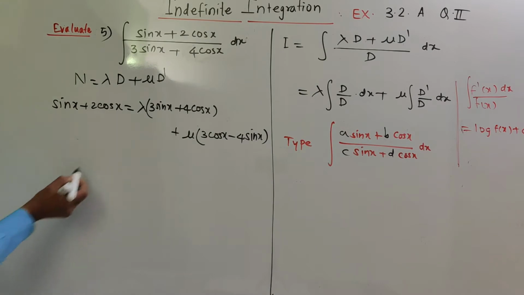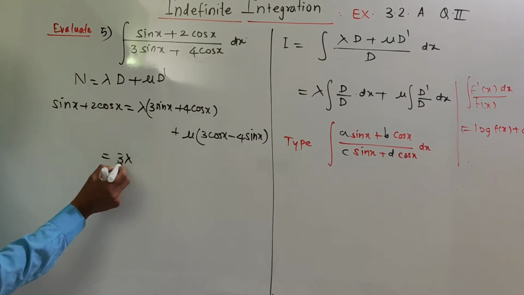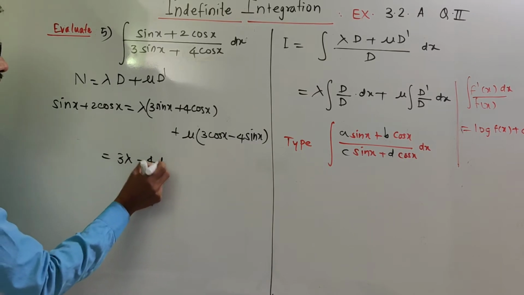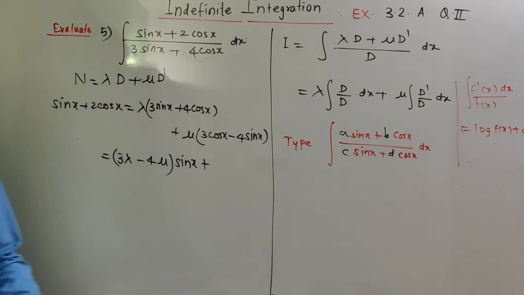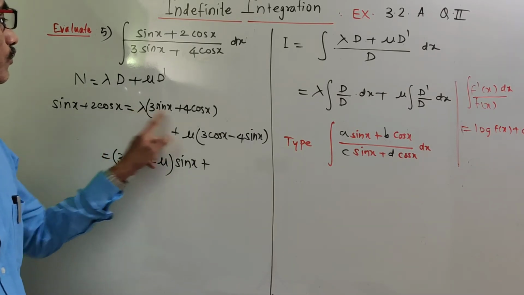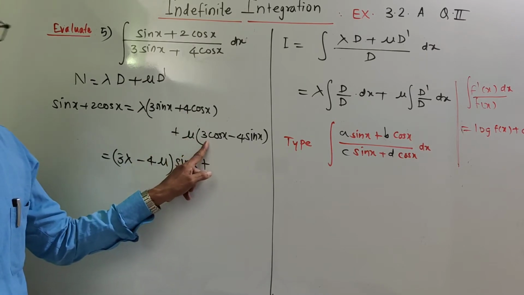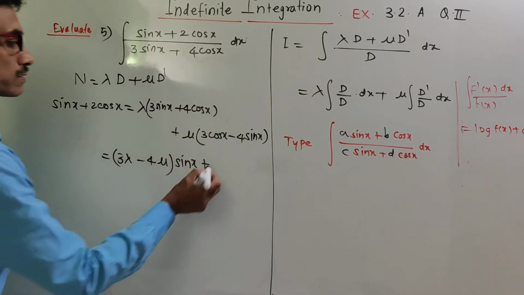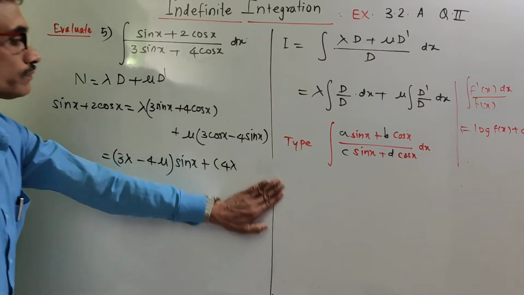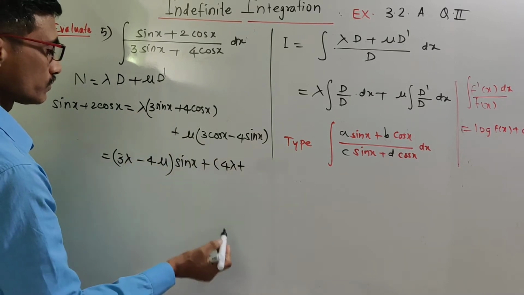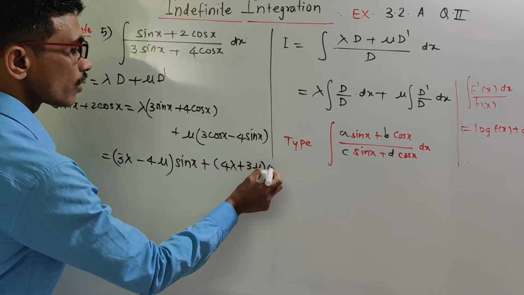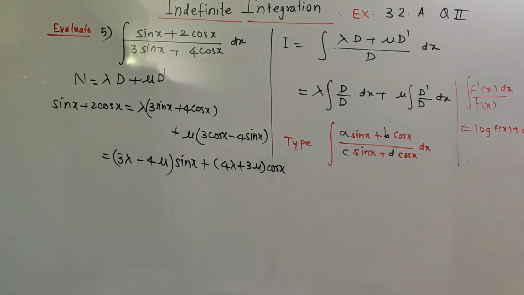So we collect them: it is 3 lambda minus 4 mu into sin x, plus then we collect the coefficients of cos x: 4 lambda plus 3 mu into cos x.